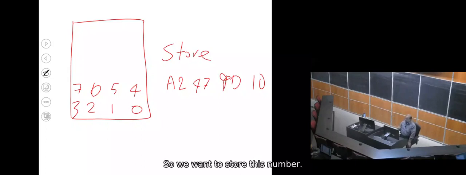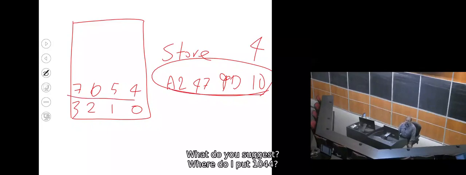Okay. So when we want to store this number in memory location 4, what do we do? Memory location 4 is 1 byte, and I told you that locations 4, 5, 6, 7 form a word. So you have to store this number into these 4 locations.